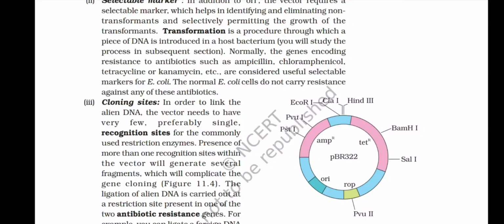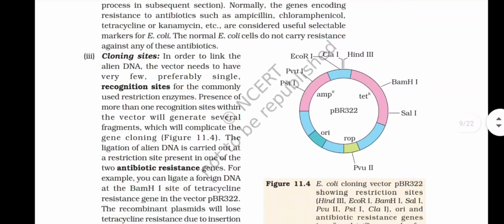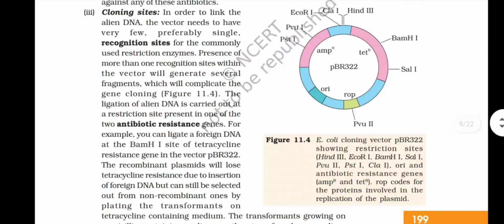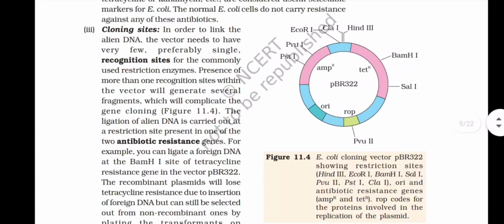Remember the names: ampicillin, chloramphenicol, tetracycline, and kanamycin. The normal E. coli cells do not carry resistance against these antibiotics. Next, the cloning site. In this figure we're going to see the cloning site. I'm going to talk about it later.